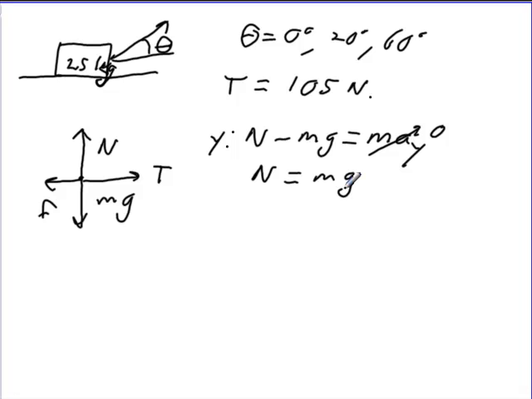Then the comparison is to find out what the maximum frictional force is and compare that with the tension. Oh, I forgot to state that we'll assume the coefficient of static friction is 0.45.